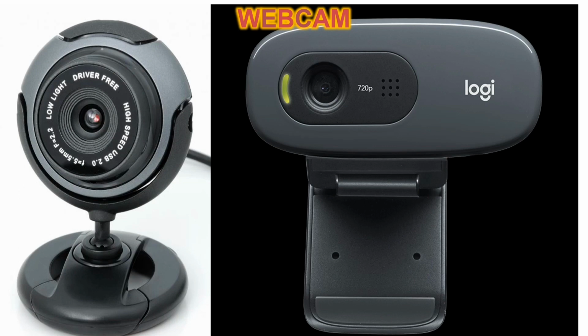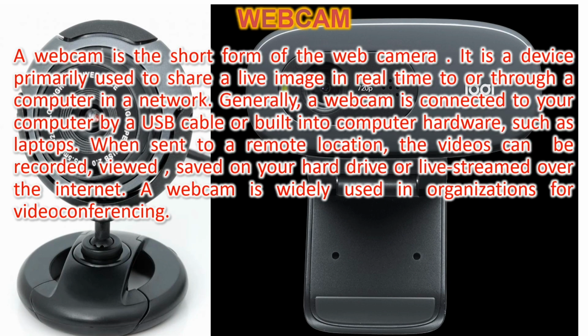Webcam. This type of camera is connected to the computer system. It also has inbuilt small LED and microphone for the recording. The webcam is also known as web camera. It is a device primarily used to share a live image in real time or through a computer in a network.